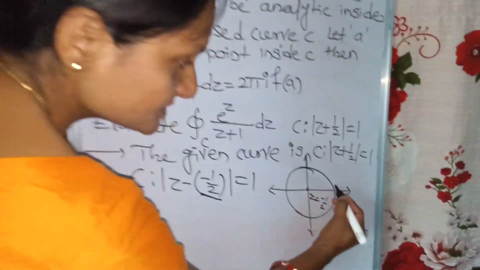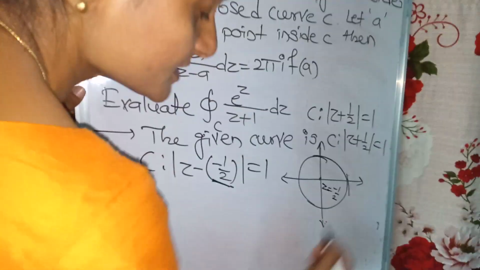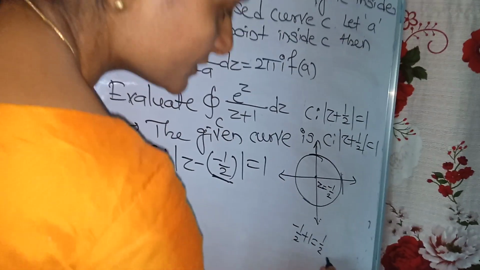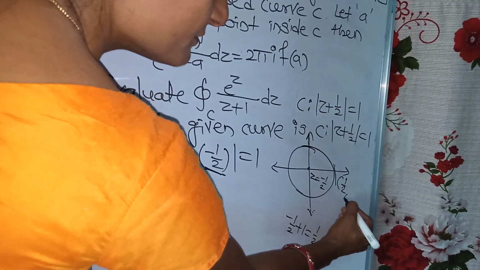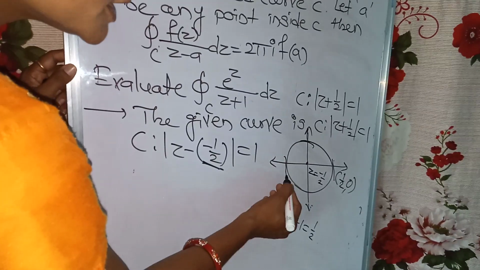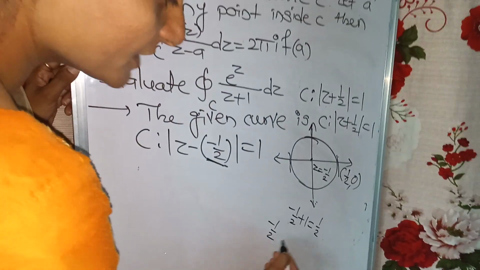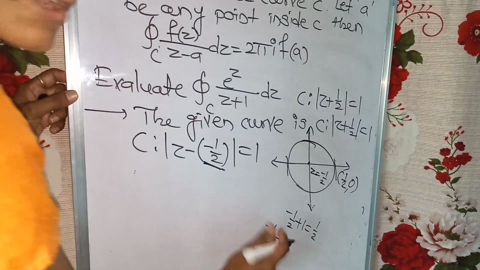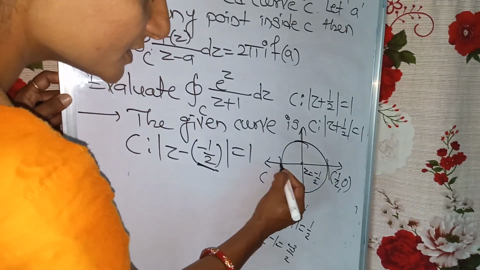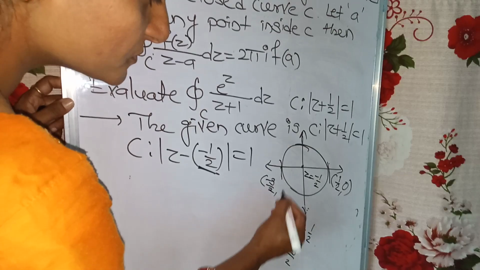Observe this point on the x-axis: it will be minus 1 by 2 plus 1, which is 1 by 2, so this point is 1 by 2 comma 0. Coming to the left side point, this value will be minus 1 by 2 minus 1, which is minus 3 by 2, so this point is minus 3 by 2 comma 0.